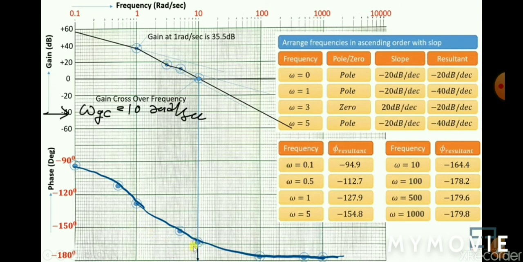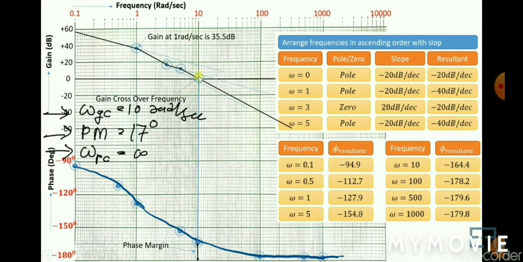If you check the value, the phase margin is around 17 degrees, right? Next, omega PC: it is not intersecting the minus 180 reference line, so that will be infinity.